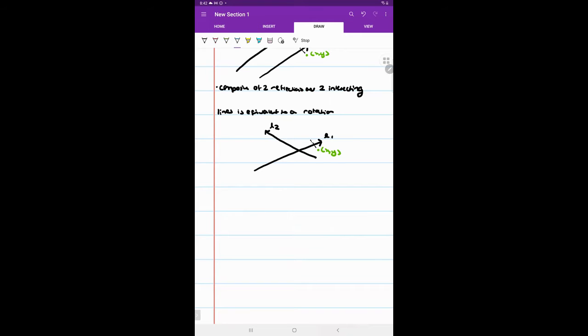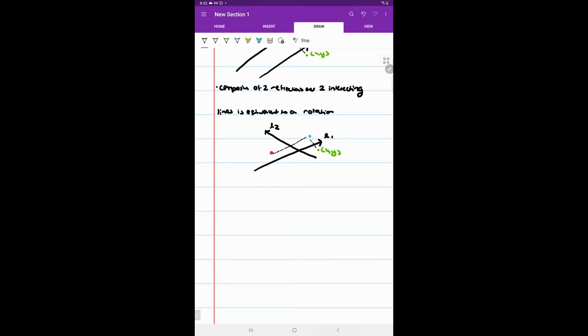It's going to end up around here. Now I want to reflect this across L2, so again imagining folding the paper along L2, more like this. It's going to end up around here.